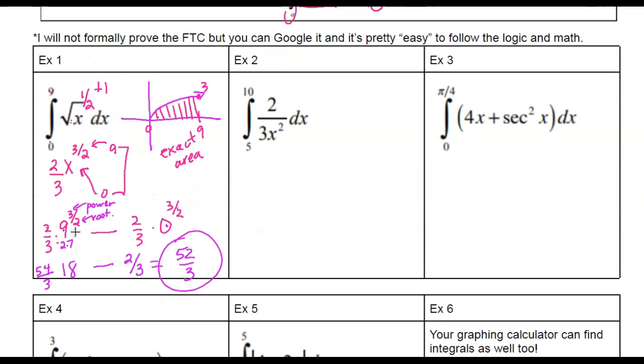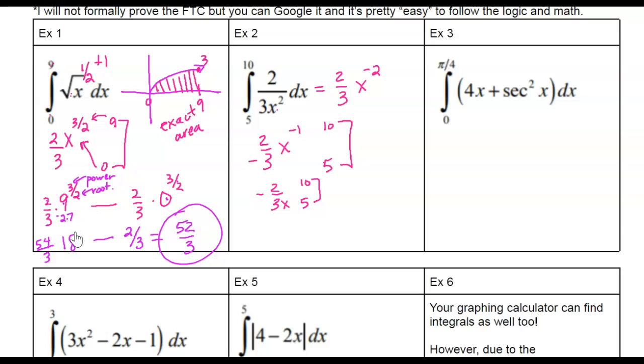So first thing I want to do, though, is rewrite this part. So I'm going to write that as 2/3 and then x to the -2. So when I integrate, we're going to get 2/3, add 1, divide by it, and we're going from 10 to 5. So I'm going to rewrite this nicer. I've got -2/3x from 10 to 5. So then we're going to plug in 10.